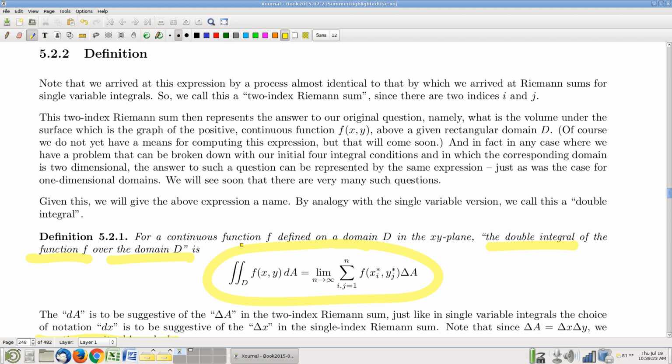All right, now the notation I think is pretty plausible. Notice that we use dA as a kind of shorthand for delta A. That's a ripoff of what happens in single variable calculus. In single variable calculus, you have a delta x, and then when you write it as an integral, you write it as dx, to be suggestive of the delta x. Same deal here.